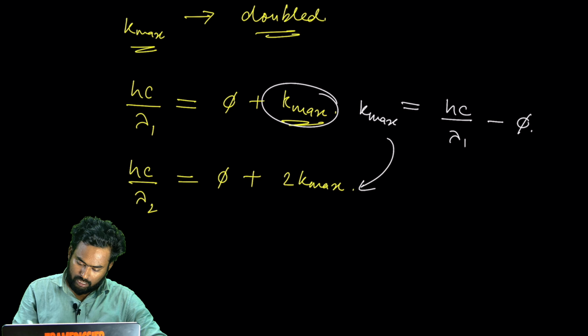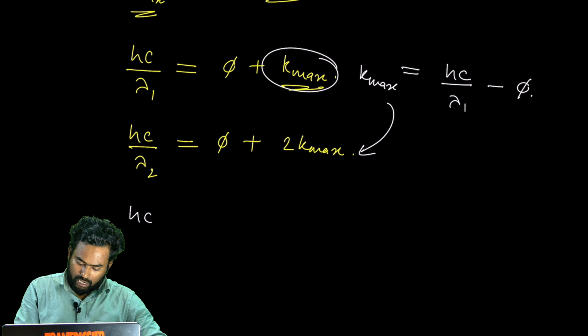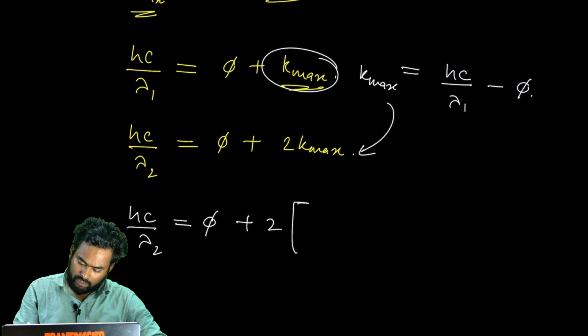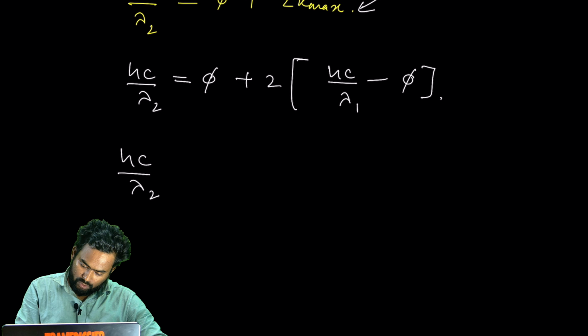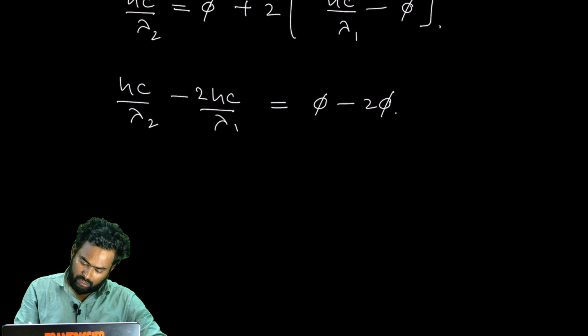Putting this K max in the second equation, we will get hc by lambda 2 equals phi plus 2 times K max, K max being hc by lambda 1 minus phi. Then hc by lambda 2 minus 2 hc by lambda 1 equals phi minus 2 times phi.